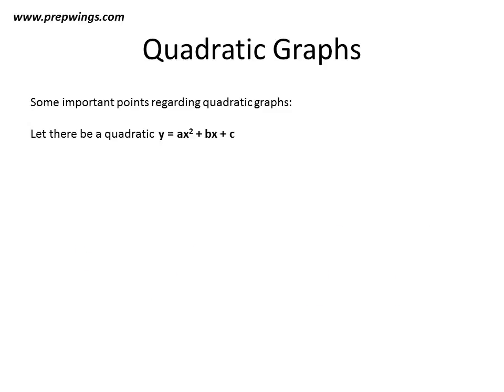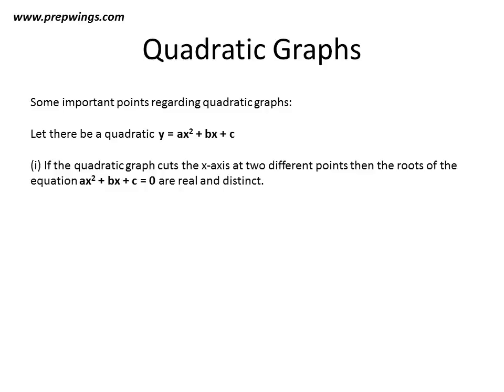Also, there are a few important points regarding quadratic graphs. Let there be a quadratic y equal to ax square plus bx plus c. Now, if this graph cuts the x-axis at two different points, then the roots of this equation ax square plus bx plus c is equal to 0 are real and distinct.